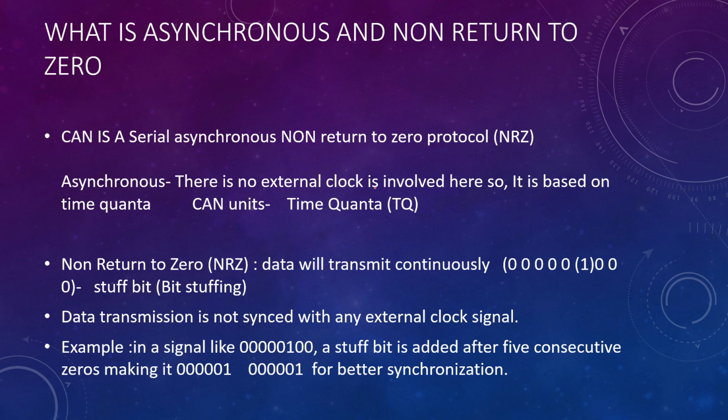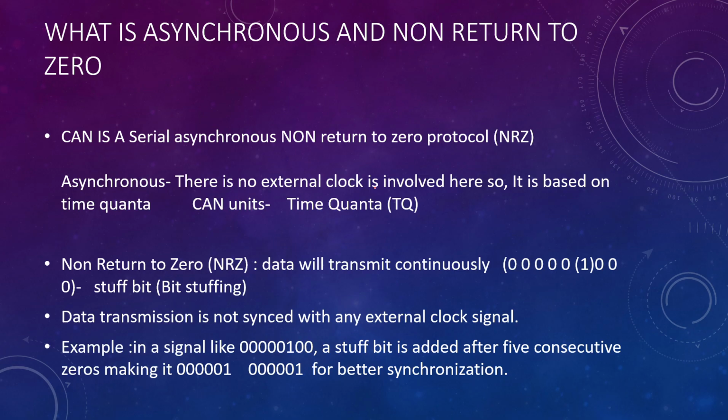Asynchronous means it does not follow the clock signal. For example, if you are doing some work, it may be finished in 1 second, 2 seconds, 3 seconds, or 10 seconds, or more than 100 seconds, even more than 100 hours.